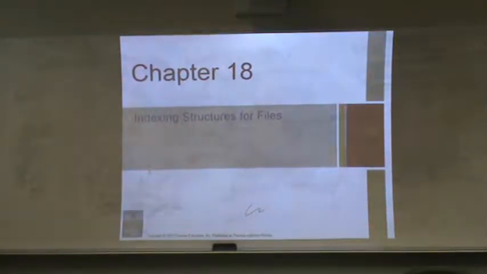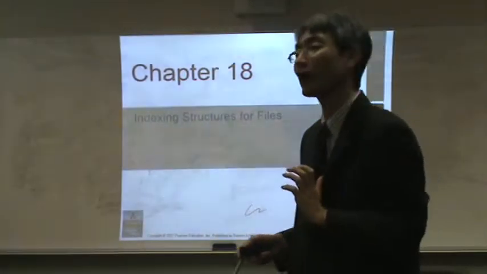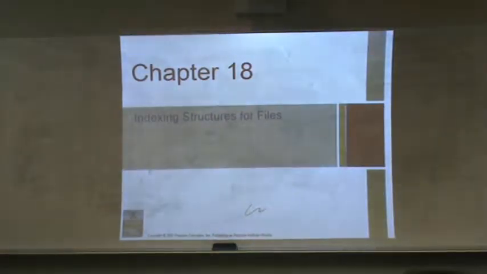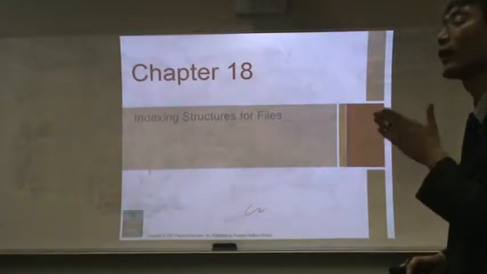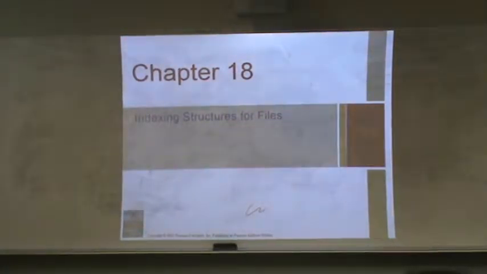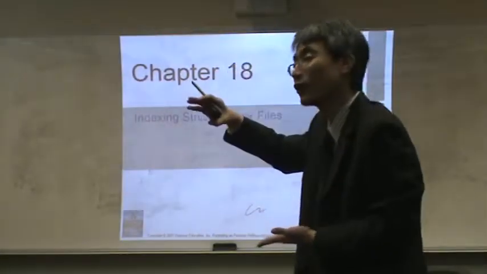Last class we talked about the file structure where your data are stored: the ordered file, unordered file, and the hash file. However, when we are using the ordered file, even though the records are ordered by the key or the non-key, the fastest way to access the ordered data is binary search.